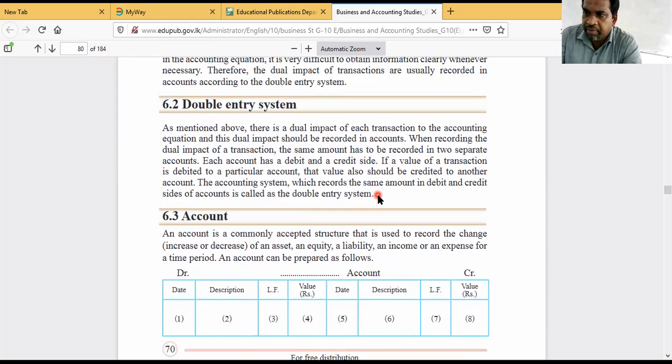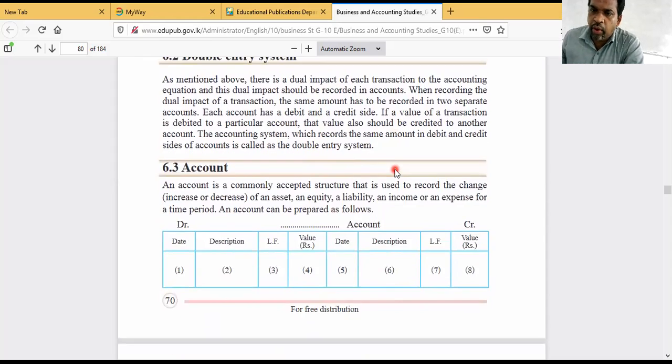If I repeat the same thing again, any business transaction has two bits called debit and credit. Therefore, we have to debit to one place or account, and we have to credit to another place or account at the same time, the same amount. That is what the double entry system says.